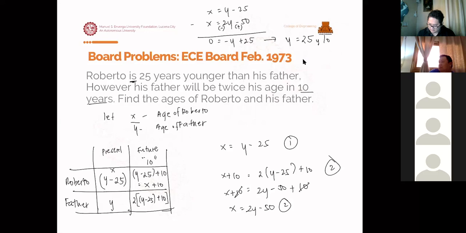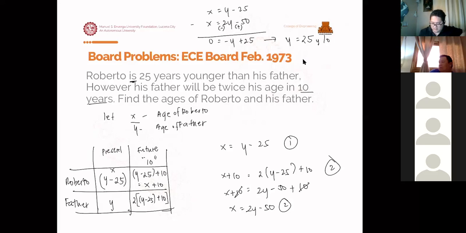If 15 ang age ni Roberto, 40 yung tatay niya. Kasi after 10 years, doble ang edad. So after 10 years, 25 na si Roberto, 50 na tatay niya. So 15 at saka 40. Assumption lang yun, sir. Nag-assumption lang ako.